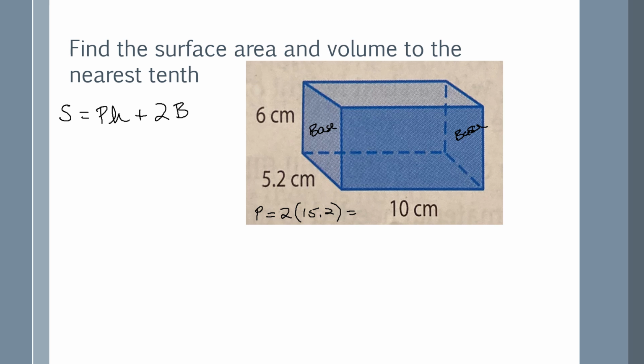All right, so the perimeter times the height. So this is 30.4. Right? Okay, so this is equal to 30.4. The height is 6 plus 2 times the base. Well, the base area is 6 times 5.2.